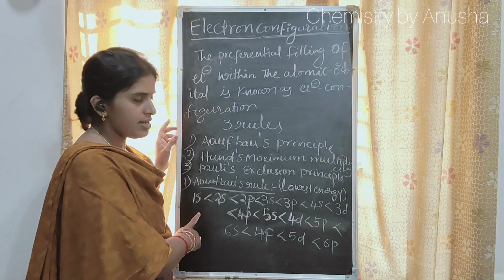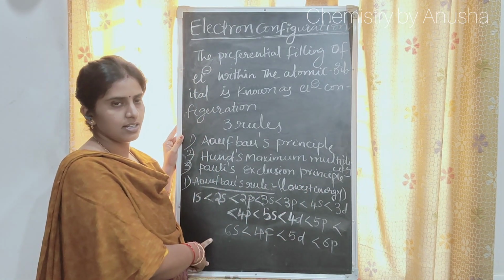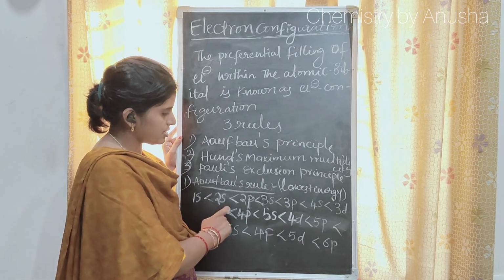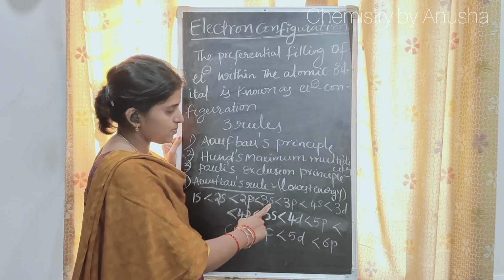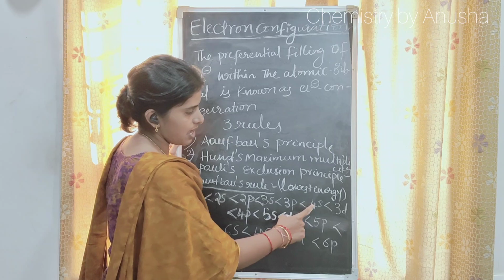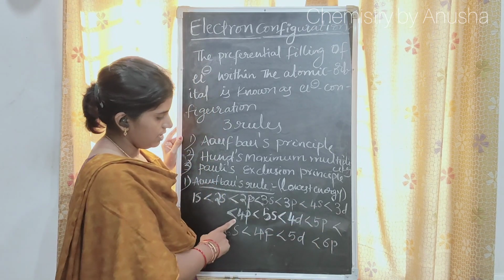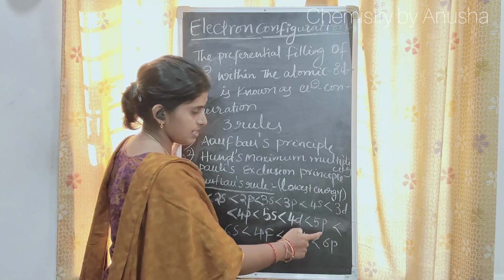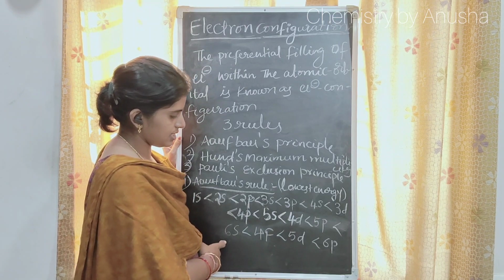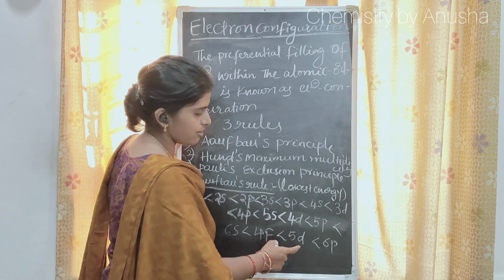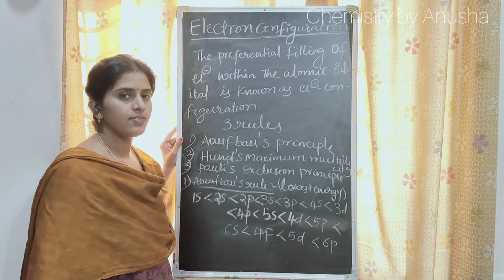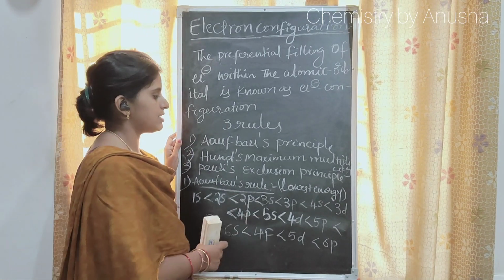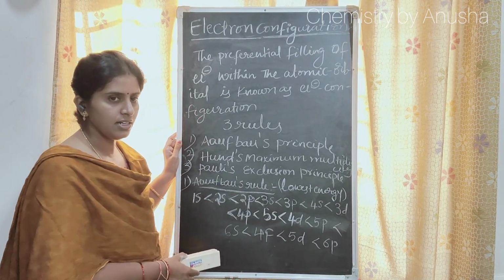Here the energy order for different atomic orbitals is given in accordance with the Aufbau diagram. 1s is less than 2s, less than 2p, less than 3s, less than 3p, less than 4s, less than 3d, less than 4p, less than 5s, less than 4d, less than 5p, less than 6s, 4f, 5d, less than 6p, less than 7s, like that.